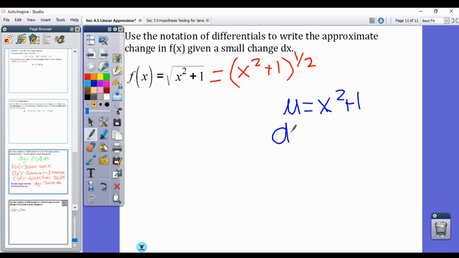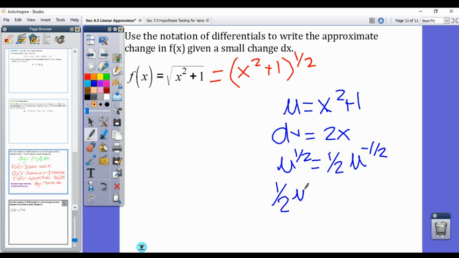The derivative of u would be 2x. And then u to the 1/2 power. When I did my derivative, I would get 1/2 u to the negative 1/2, times du.